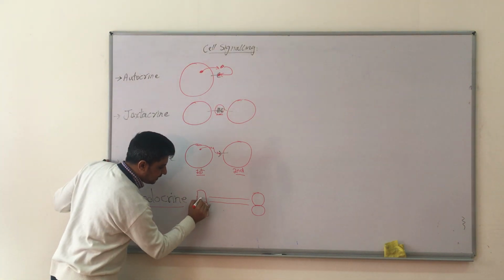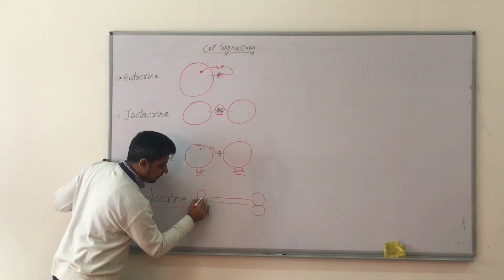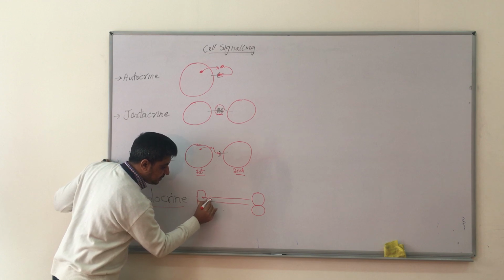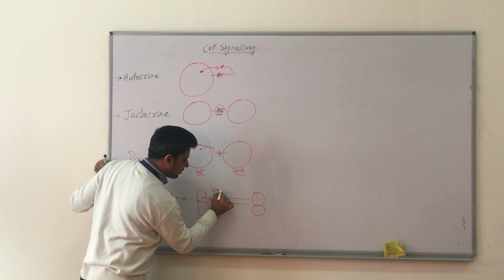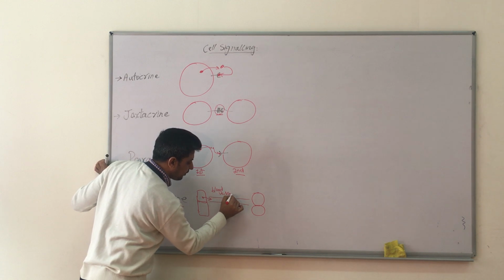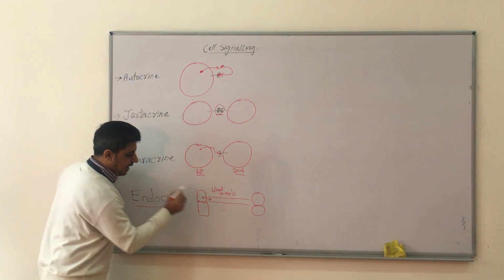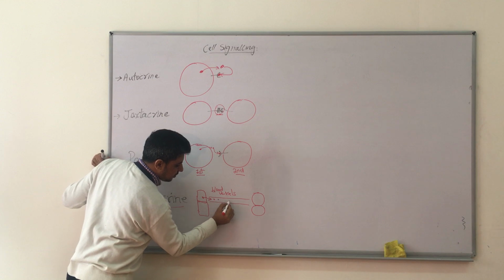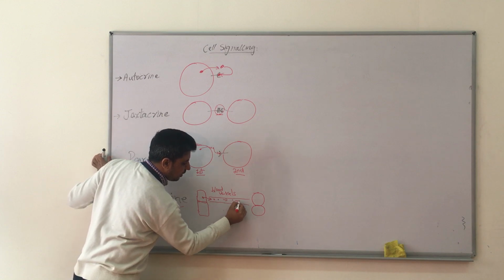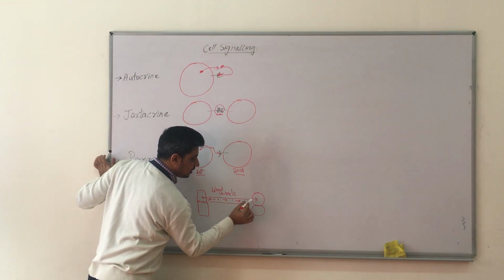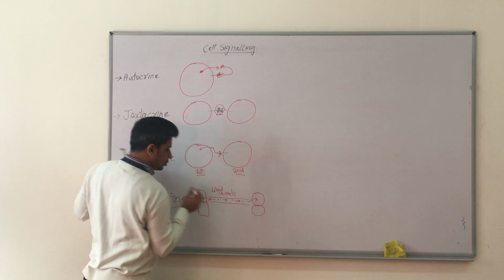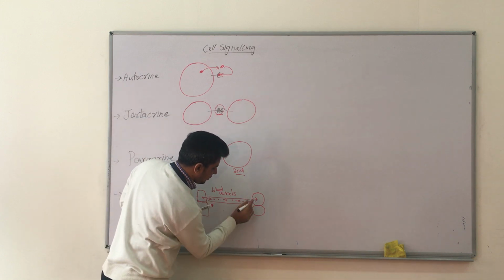These cells will produce a signal, and these signals will be released into the blood vessels, into the blood, like this. Then these signals will travel to the distant location and act on the target cells through their receptors, like this.